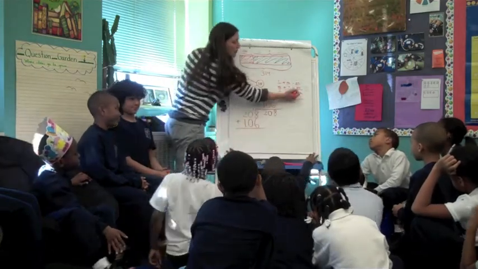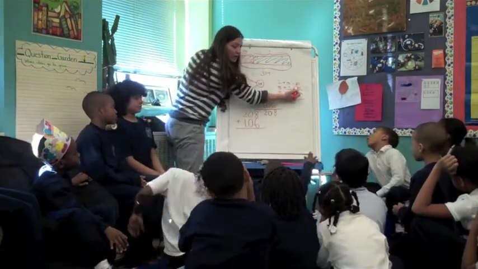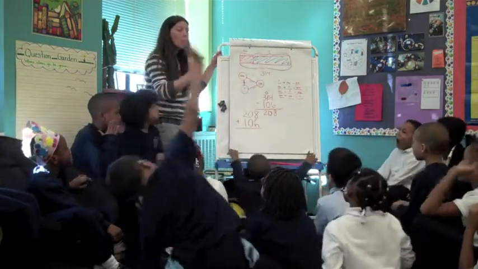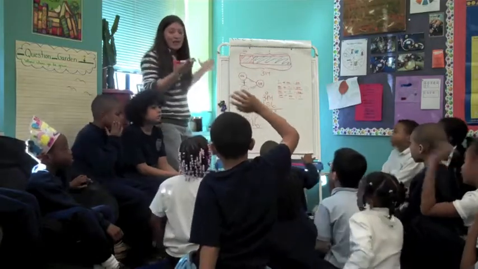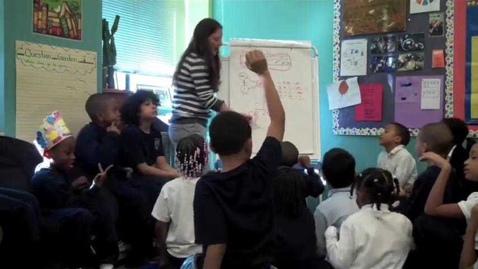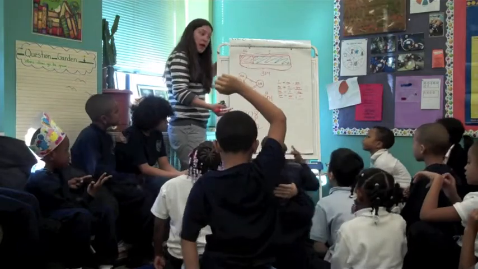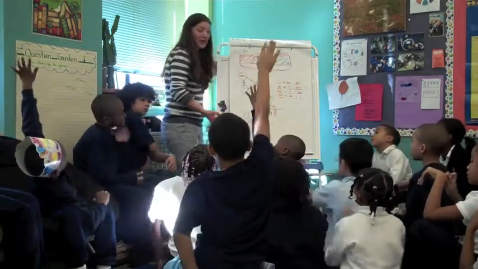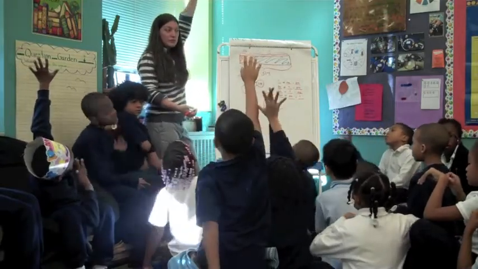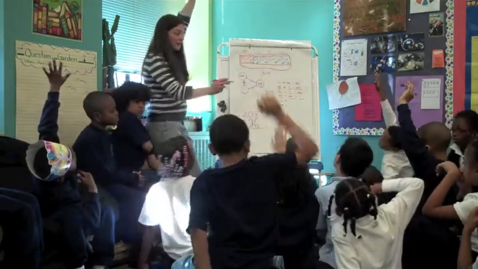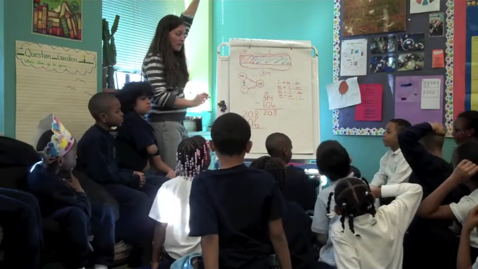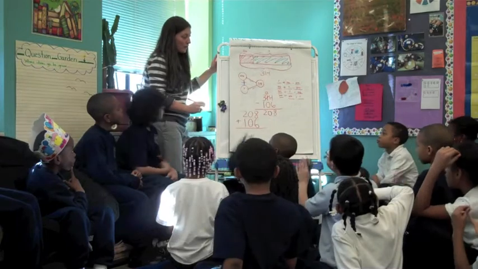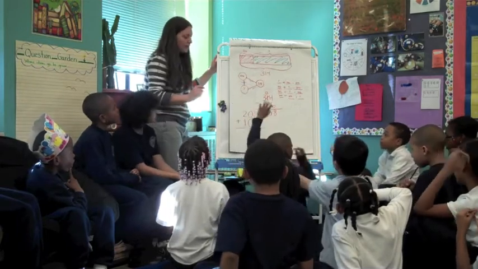My answer should be 314. Rule 1. Look at the ones. Add the ones. 8 ones plus 6 ones equals, Elijah.